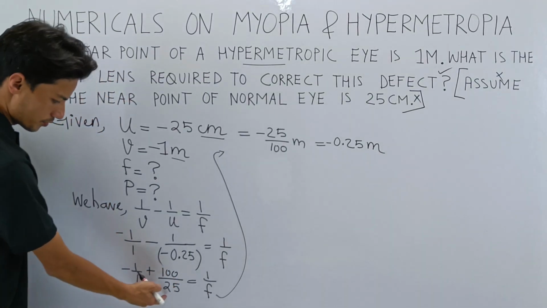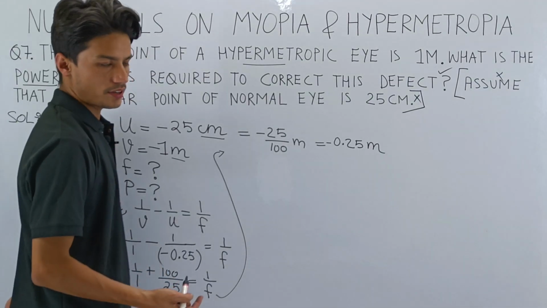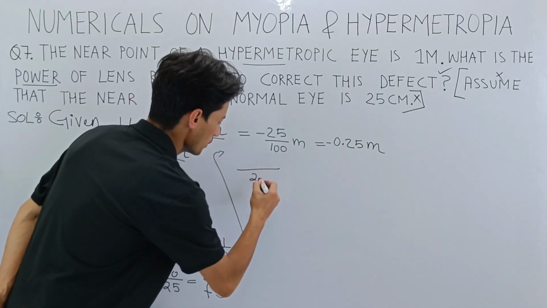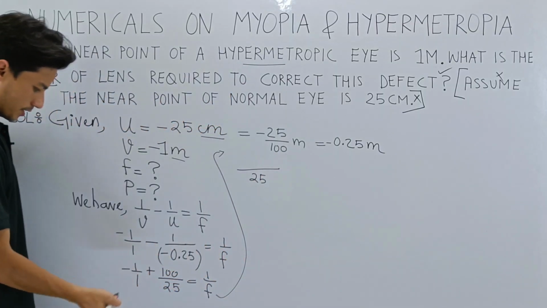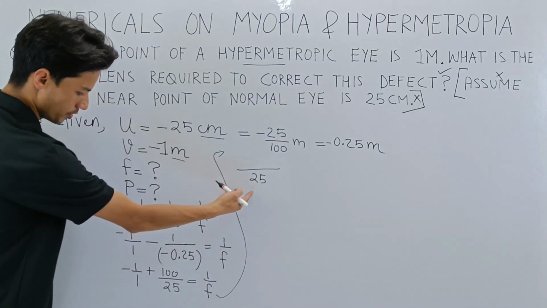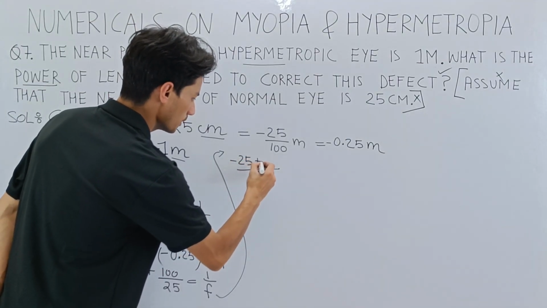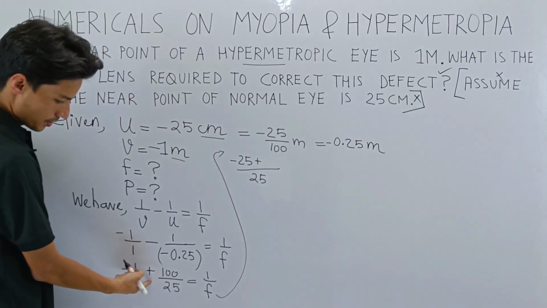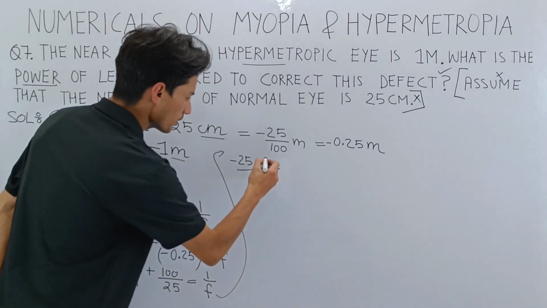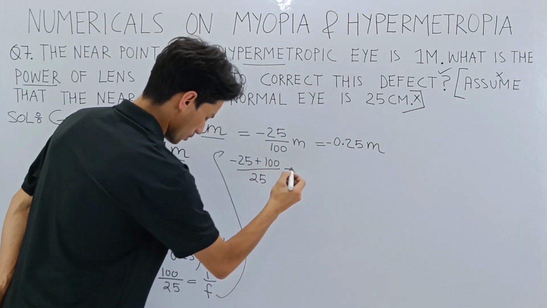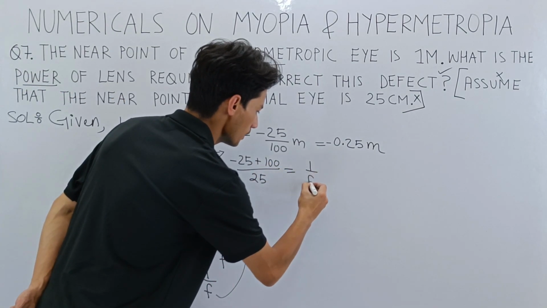So LCM of 25 and 1 is 25. 1 into 25 is 25, so minus 25 here, and plus in the middle, the sign is same, plus 25 ones are 25, so it will be 100. This will be 1 by f.